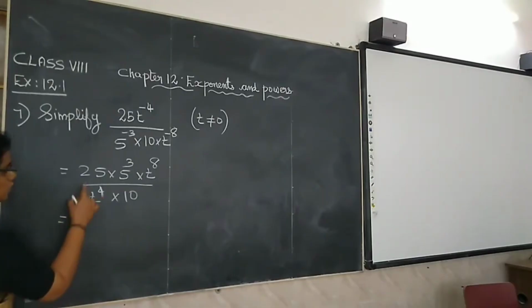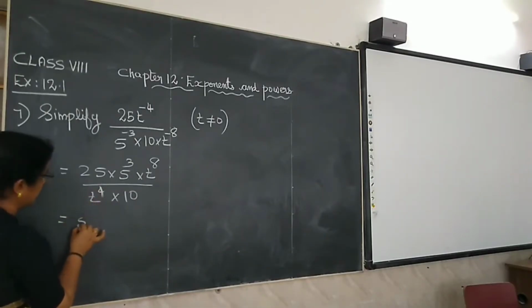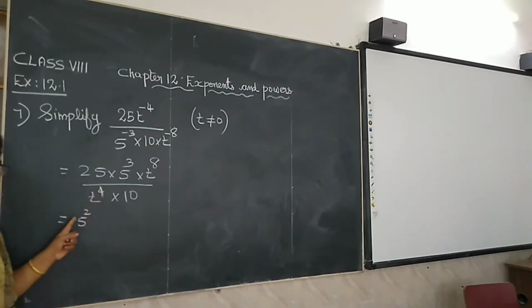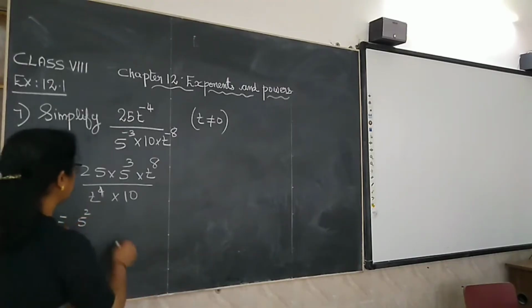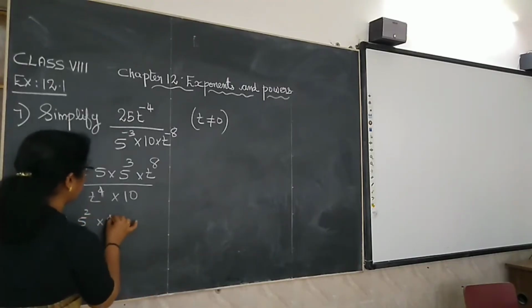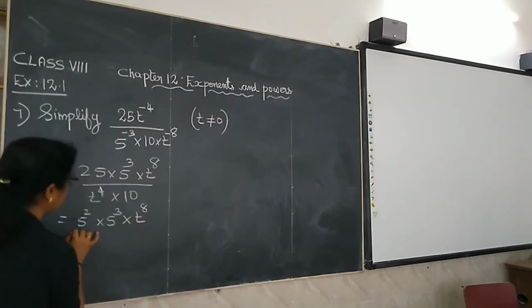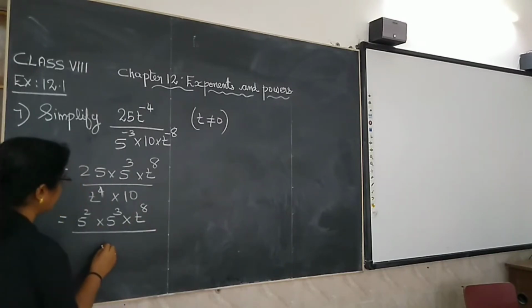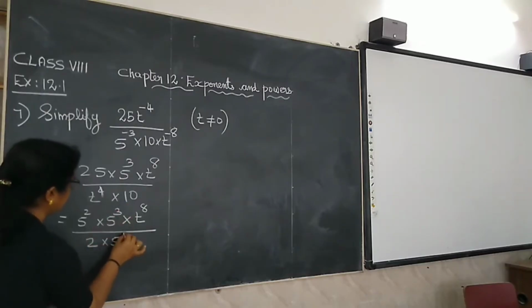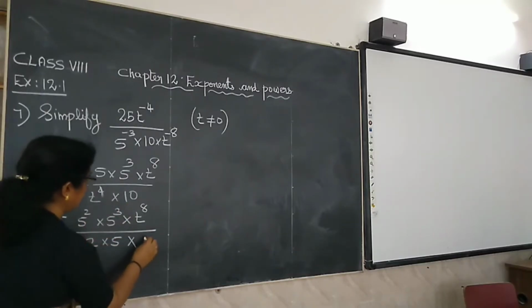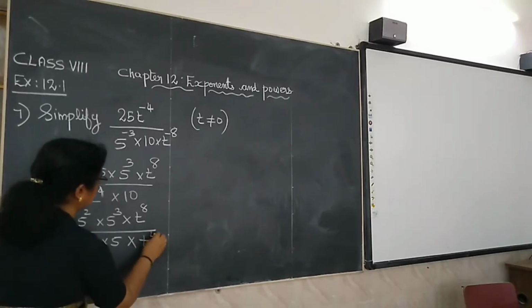Now 25 we can write as 5 square, because 5 into 5 is 25, therefore 5 square multiplied by 5 raised to 3 multiplied by t raised to 8 divided by, 10 we can write 2 into 5 multiplied by t raised to 4.